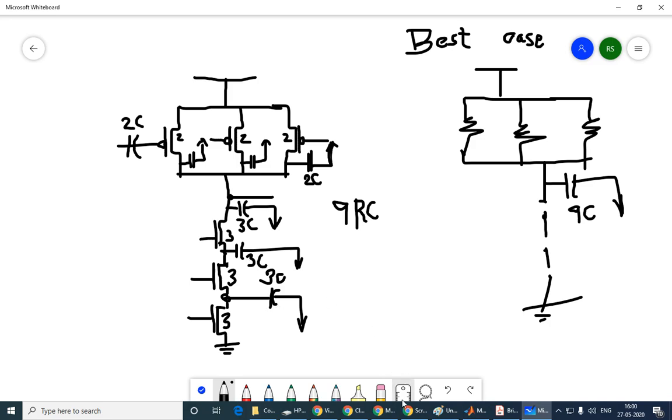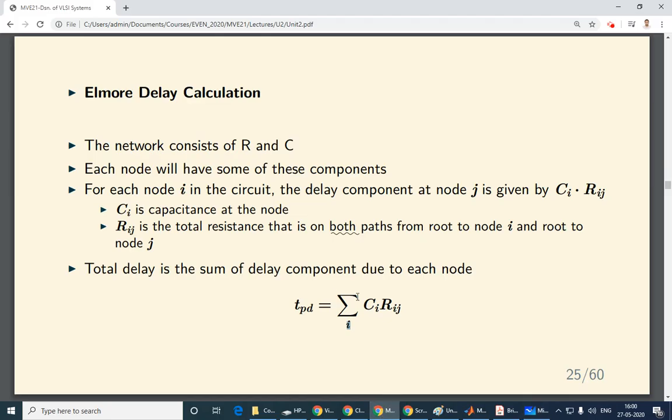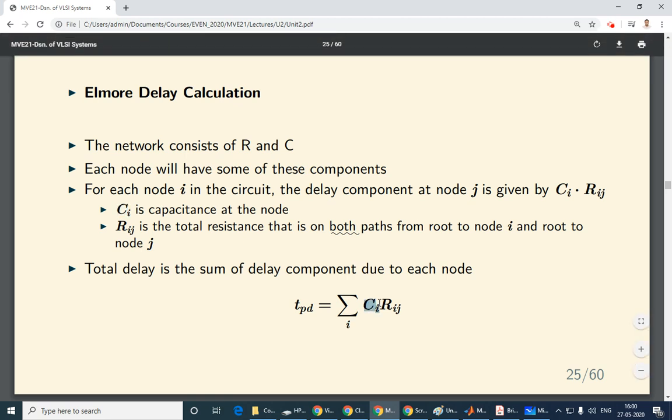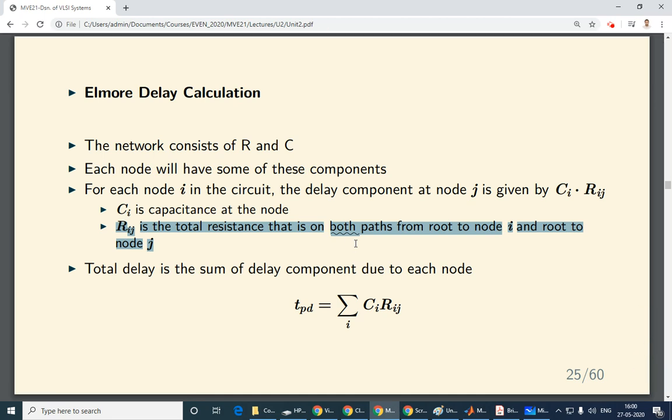This is also 3C, that is fixed. So the second term, what is the contribution? Ci is 3C, because i is the second node, and Rij, now this is where there is a concept of shared resistance. Rij is the total resistance that is common to both paths, from the root to node i and the root to node j.